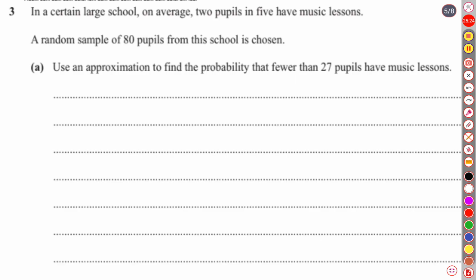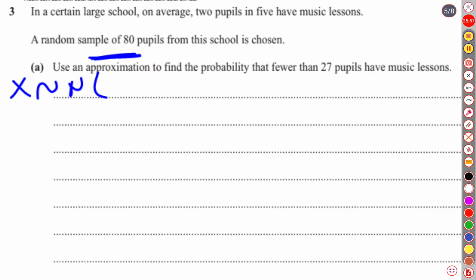So let us write that X belongs to a normal distribution, and the mean value is what? Look at this, we will have to find an approximation. Actually, it is not a normal distribution that is given; we'll have to turn it into a normal distribution.